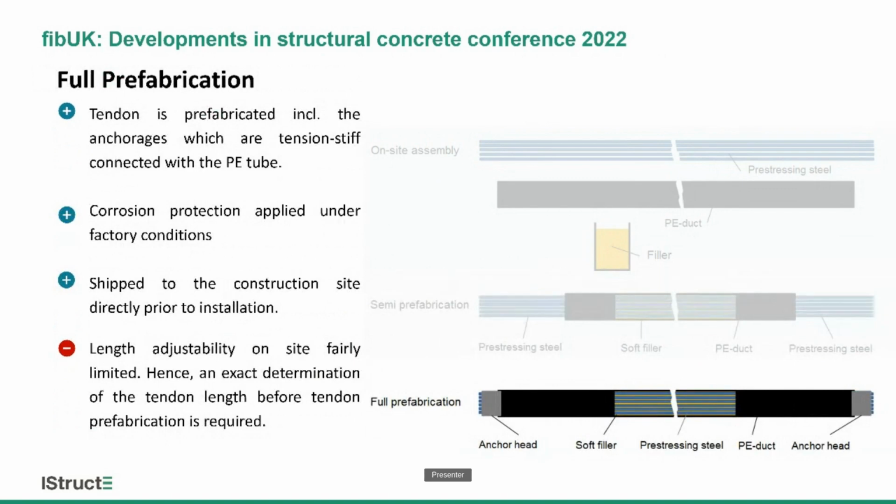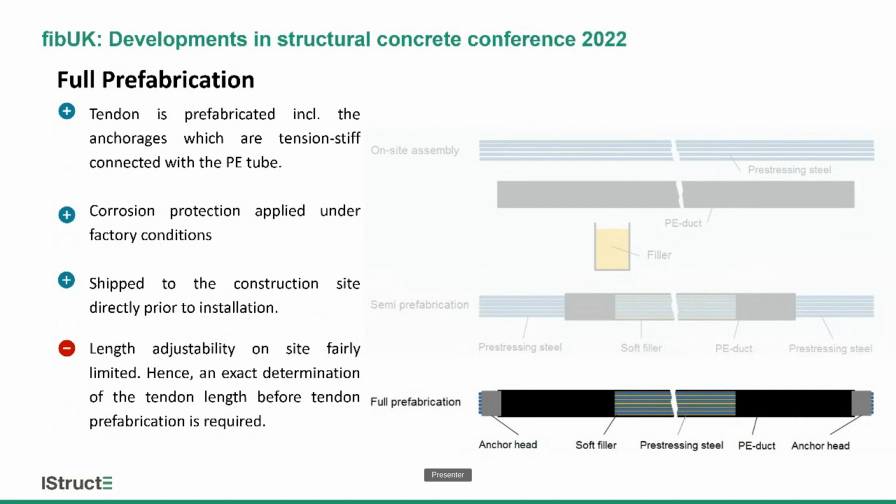Full prefabrication finally is the solution where you prefabricate free lengths, including the anchorages. So here with a tension-stiff connection between the PE tube of the free length and the anchorage, with full corrosion protection applied already in the factory.